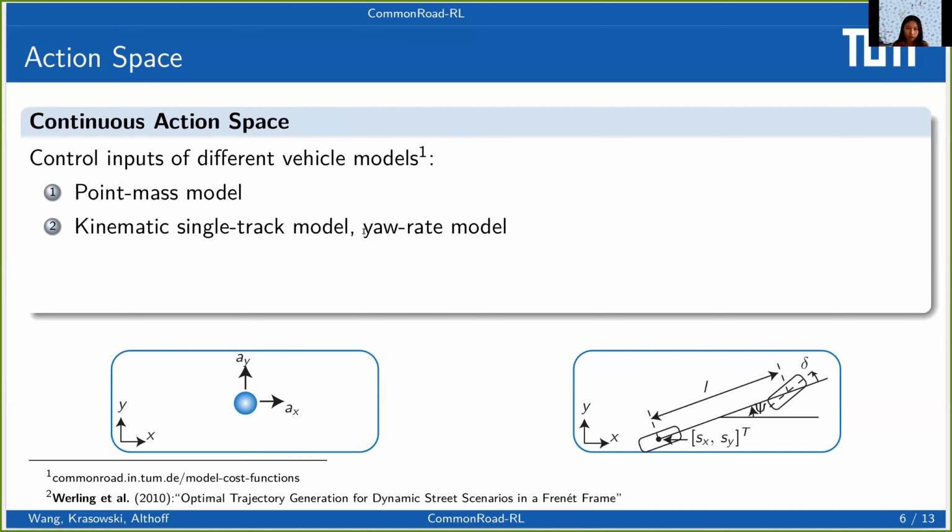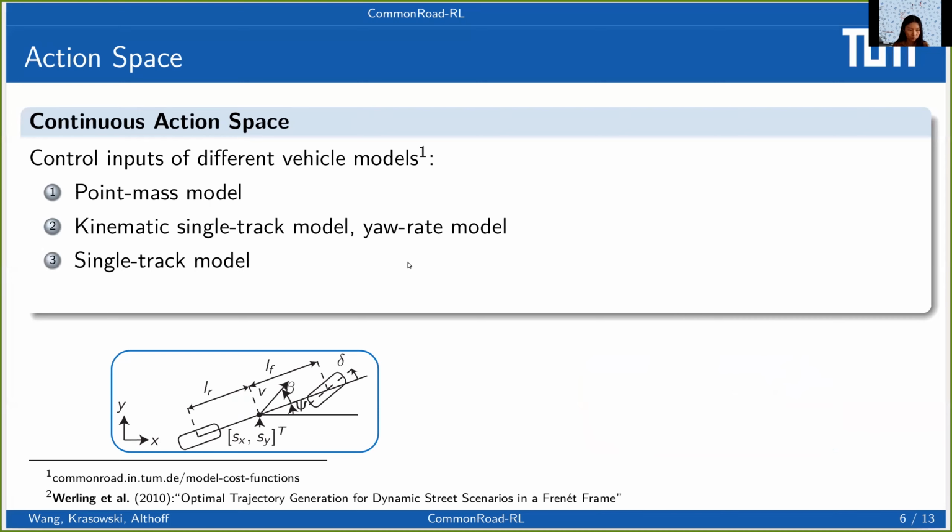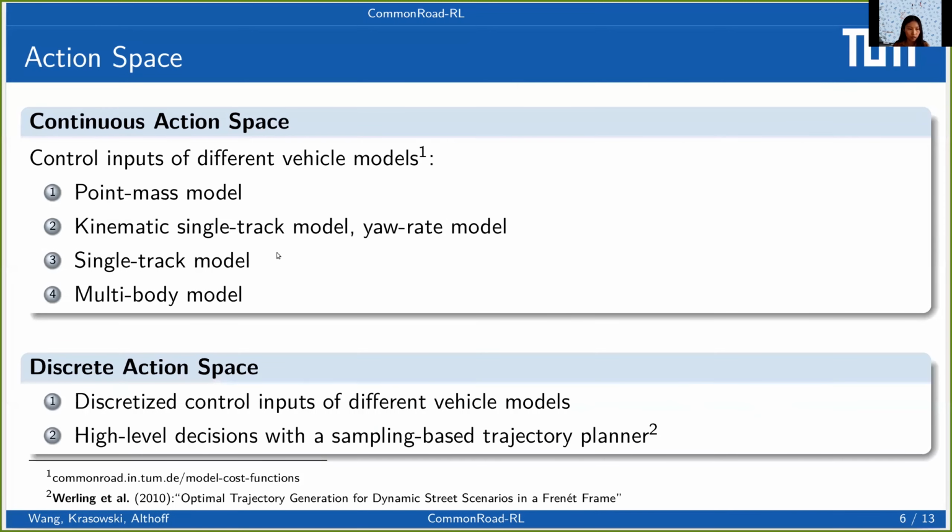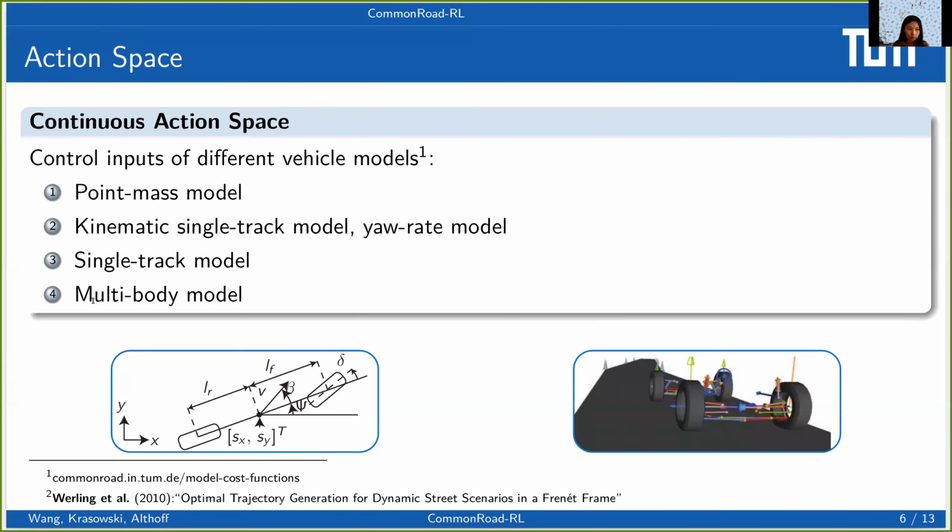We also have a modified version of this model, which uses the yaw rate instead of the steering angular velocity as its input. The single track model additionally considers the tire slip to include effects like understeer or oversteer. Lastly, we have a multi-body model, which considers more sophisticated dynamics.